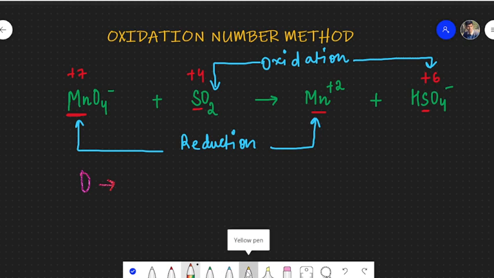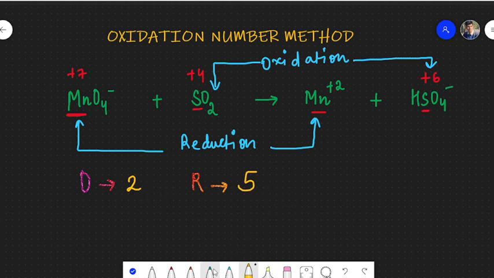So 2 electrons have been lost by this sulfur. And if you see for reduction, Mn earlier was +7 and now it is +2. So there is a gain of 5 electrons. So you got the numbers 2 and 5.